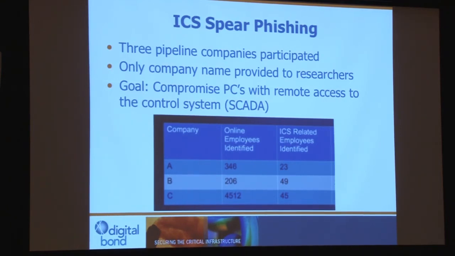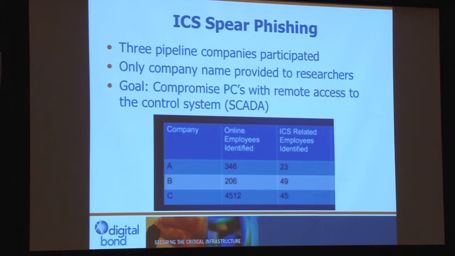And all we gave Critical Intelligence was the names of those 3 companies, no other information. And we said, we want you to try to do a spearphishing attack to compromise computers that are allowed to remotely access the control system. Because if they could compromise those computers, they could run a keystroke logger and grab credentials, they could hijack a connection, they could do a lot of things.